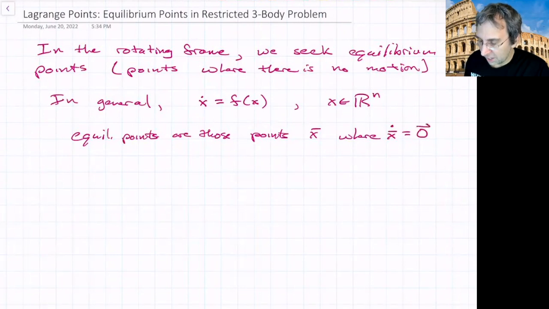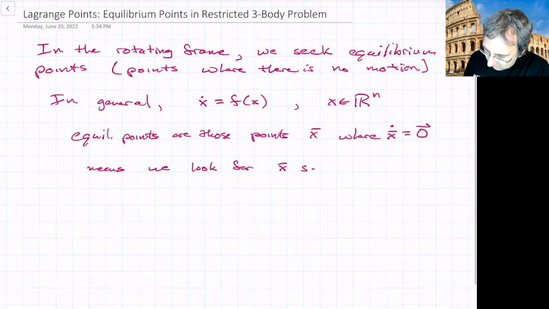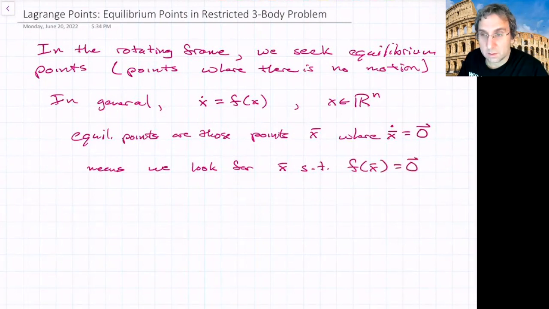So there's nothing happening at that point. There's no motion at all. So that means we can look for points x bar such that f of x bar equals the zero vector. That's what an equilibrium point is.